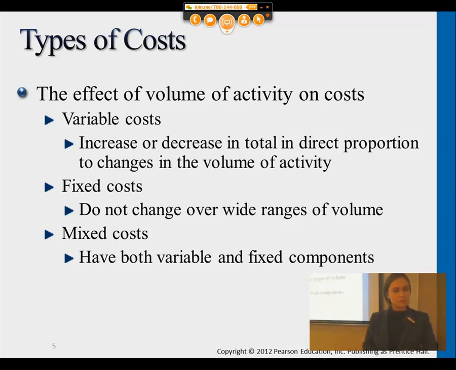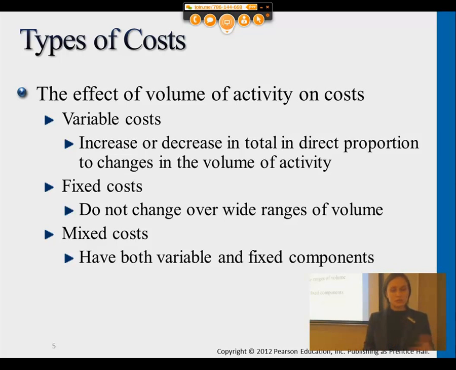Okay, so variable costs. Is one of the portions of our cost. We've talked about them. What is variable cost? Why is it called variable? Because the cost changes, right? And that change depends on your production volume.